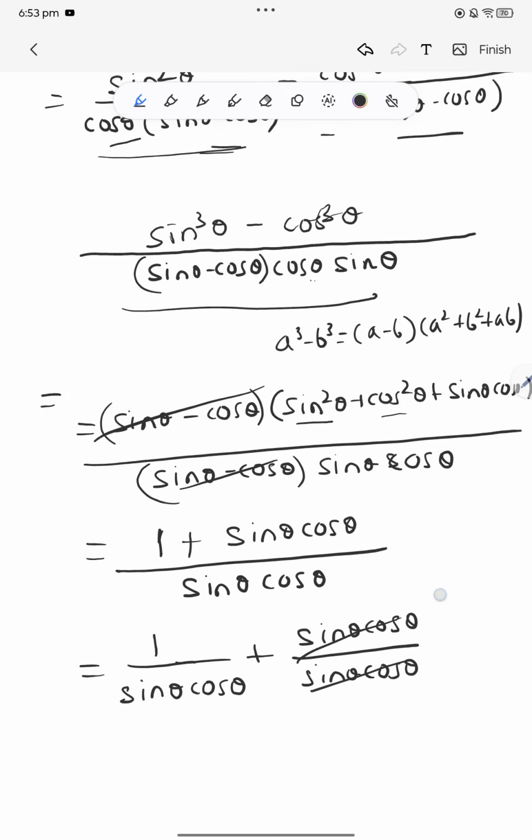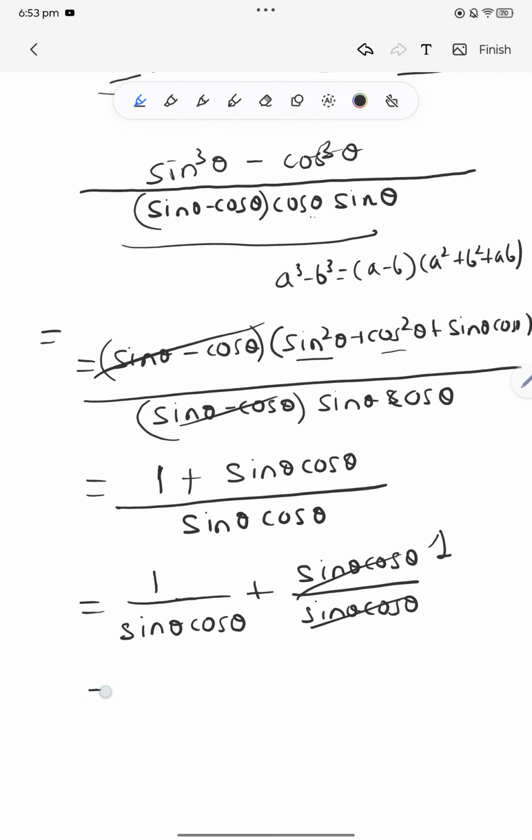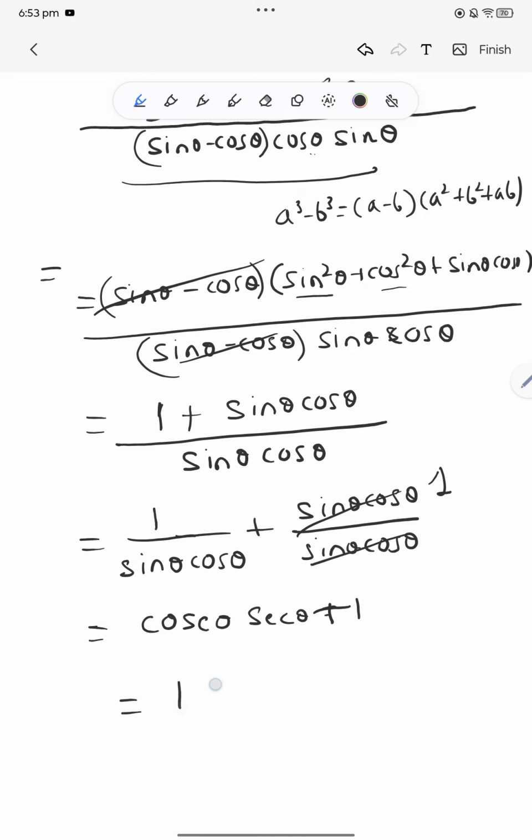This one gets cancelled, this becomes 1. So 1 by sin theta is what? Cosecant theta. 1 by cos theta is what? Secant theta. So secant theta plus 1 cosecant theta. So you can write this as 1 plus cosecant theta into secant theta. LHS is equal to RHS.